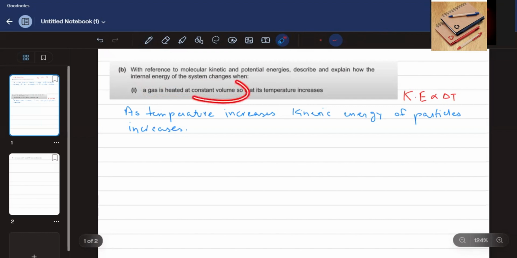So when the distance between the particles is constant, the potential energy is also constant. So we will write: potential energy remains unchanged.